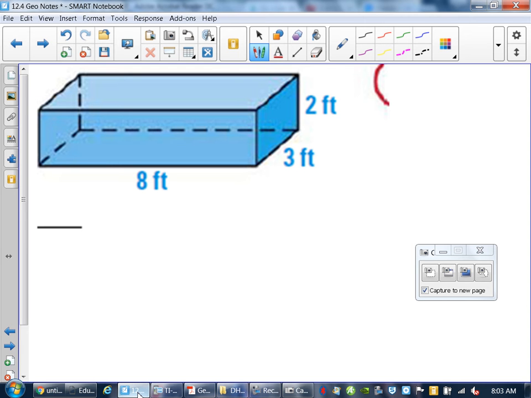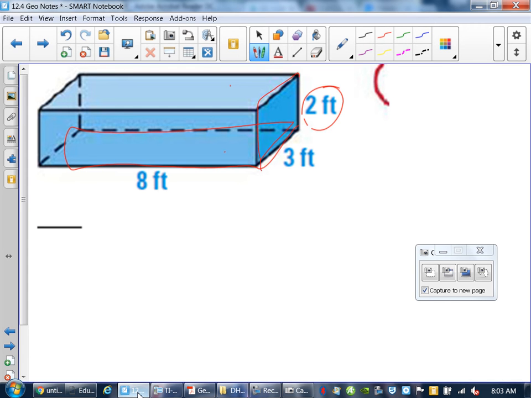So does it matter if I say it's a 3x2 base, or an 8x3 base, or an 8x2 base? No, it doesn't. And the number you don't use is gonna be your height, or how far apart the bases are. Exactly. If I say our base is the 8x3, there are two of those, top and bottom. How far apart are they? 2.